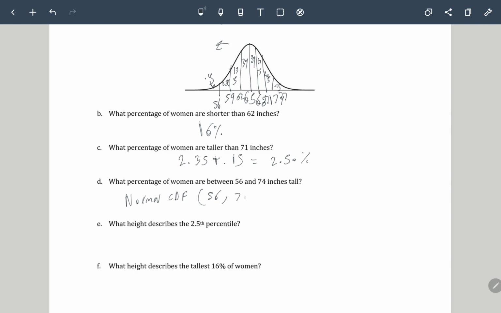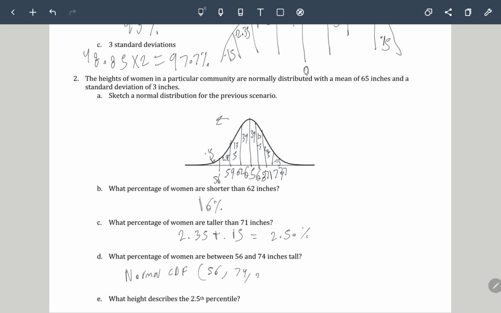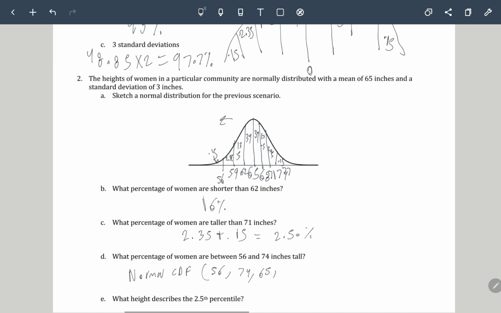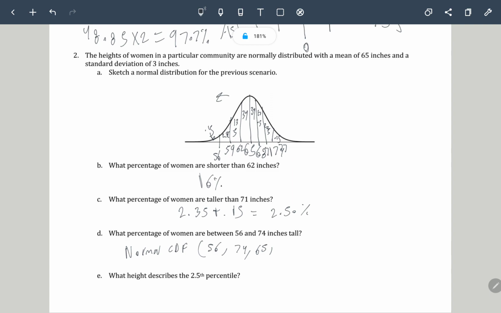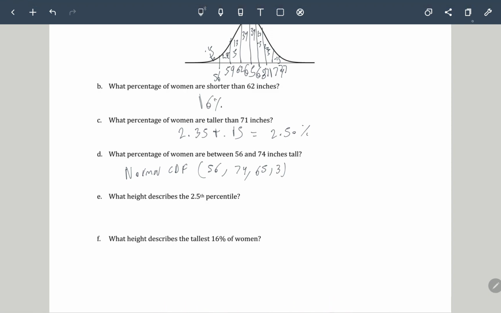And you do the upper bound, which is 74, and you do the mean, which is 65, and then you do the standard deviation, which is 3, right? And then you throw all of this into a graphing calculator under the command normal CDF, so vars second normal CDF. I'm going to do that right now.